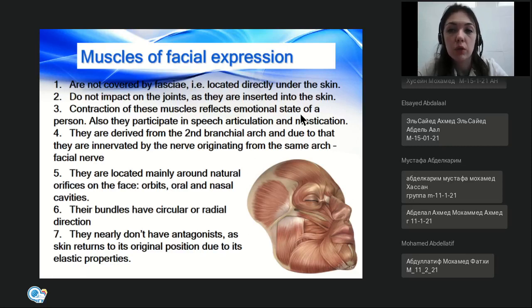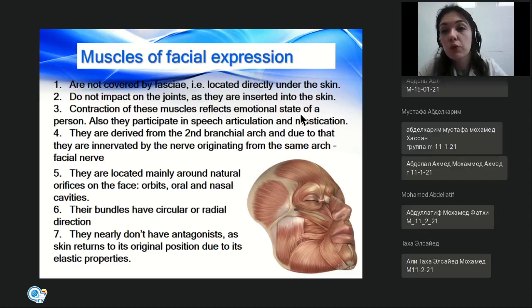So there are muscles which surround the orbit, muscles which surround the mouth, muscles which surround the nose. Actually, there are five groups of muscles of facial expression. There are also muscles of the auricle, though they are vestigial. Most humans are unable to move the auricle, but animals can do it.